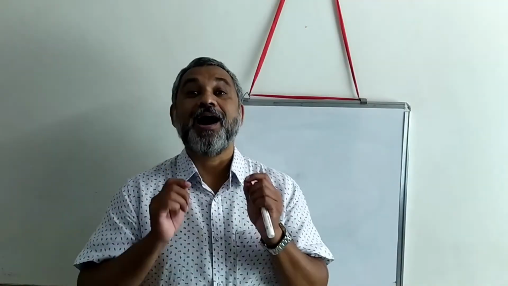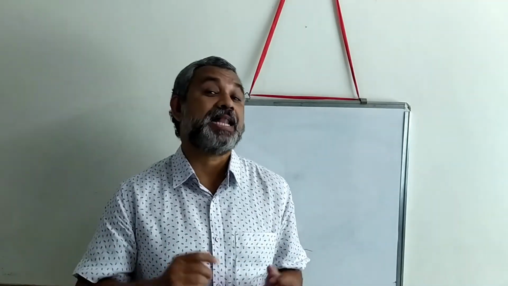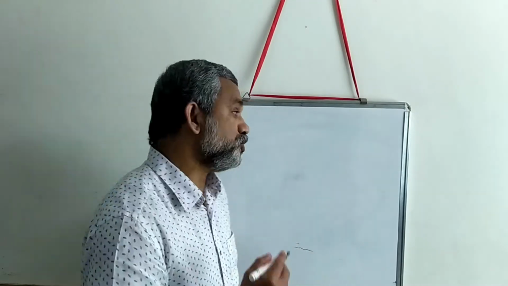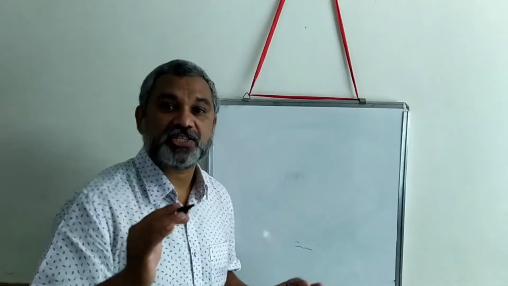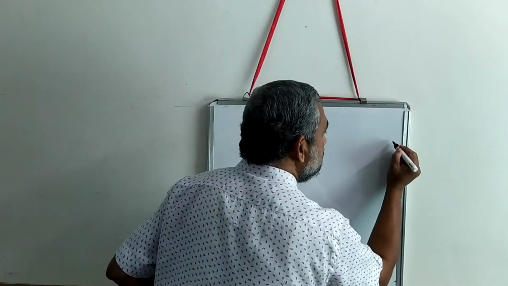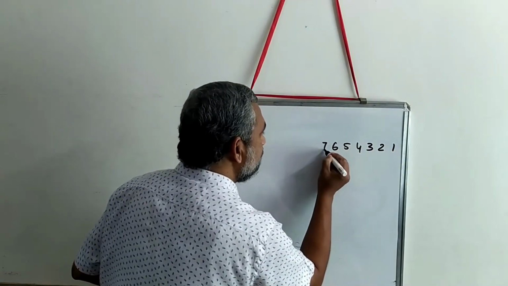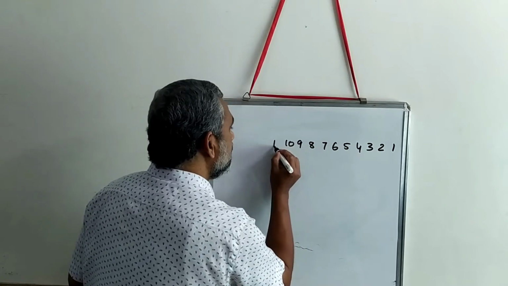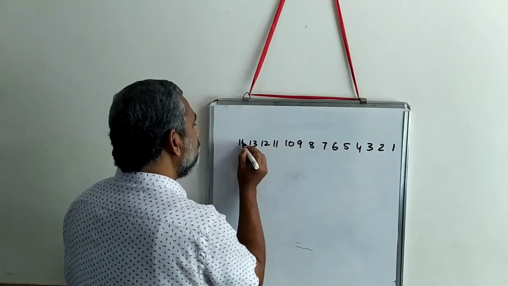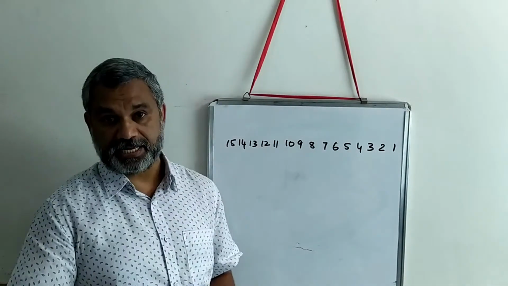Another interesting problem can be to solve how many hydrogen bonds are present in an alpha helical backbone. How to solve this problem? Let us assume we have an alpha helical structure which is made up of 15 amino acids. Let us write the numbers: first, second, third, fourth, fifth, 6, 7, 8, 9, 10, 11, 12, 13, 14 and 15 amino acids. So 15 amino acids are arranged.